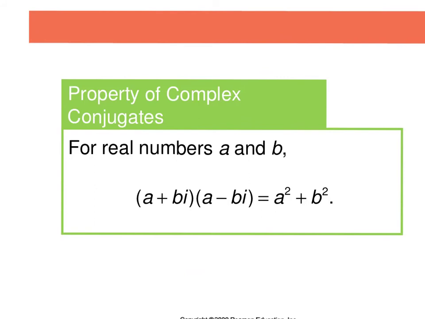If I have this first binomial as a plus bi, and the second one differs only in the symbol, from addition to subtraction, then rather than having to FOIL it out every time, I can simplify it by taking the a and squaring it, and taking the b and squaring it. So there should be no imaginary parts left.